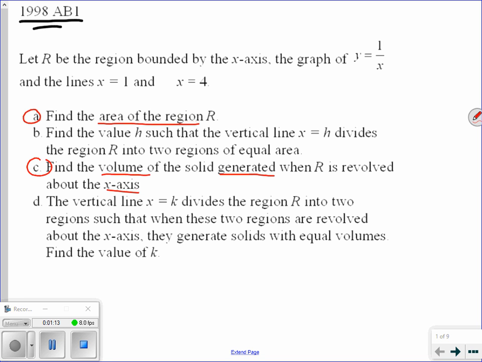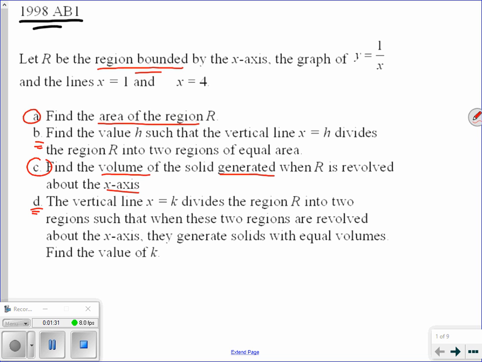Parts B and D, we've done examples of before, and I encourage you to try this on your own and check your answers online, but we will do those together when we return.